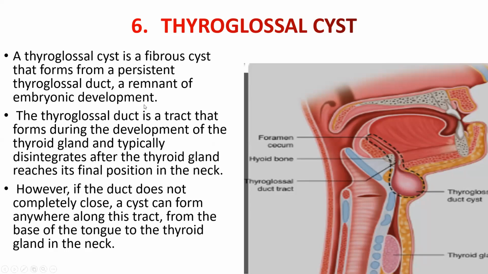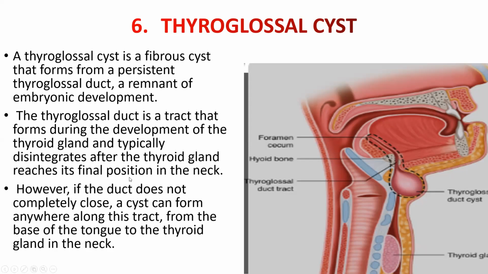As we've already gone through the embryology, we've seen that the thyroid gland embryologically originates from the third arch, and it descends into the anterior aspect of the neck, leaving this duct along its line of passage. This duct ideally is supposed, once the thyroid reaches its right position in the anterior neck, to obliterate and degenerate.